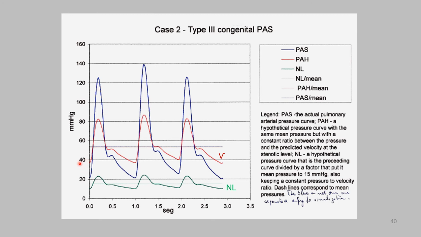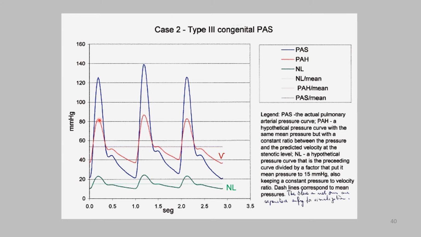I just take away the quadratic correlation, like transforming that into a similar curve that would have a similar severity of stenosis, but instead of being proximal, it becomes distal. And as you see, after I do the transformation, this pressure curve is much more similar to a pulmonary arterial trace in idiopathic pulmonary hypertension. This is just a theoretical approach, just to show how distorted this curve becomes because of the kinetic energy.